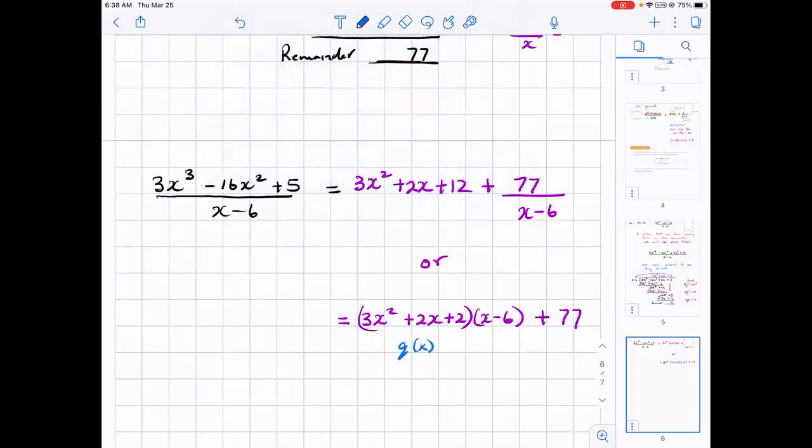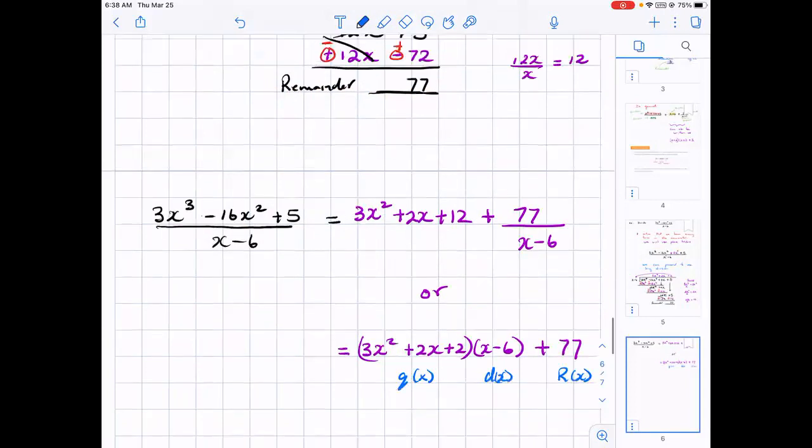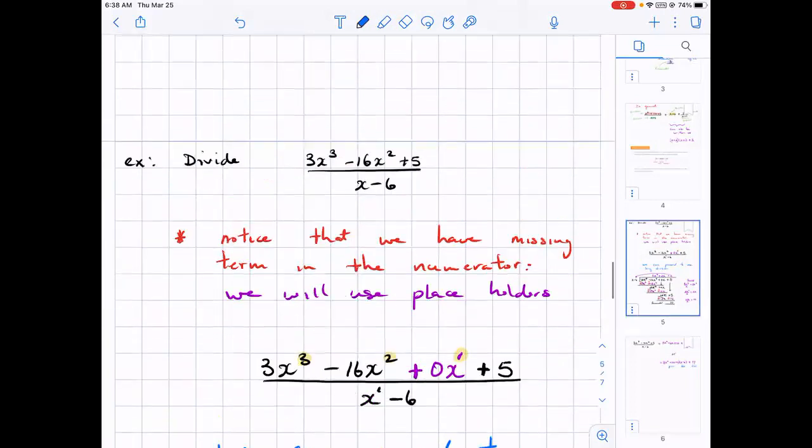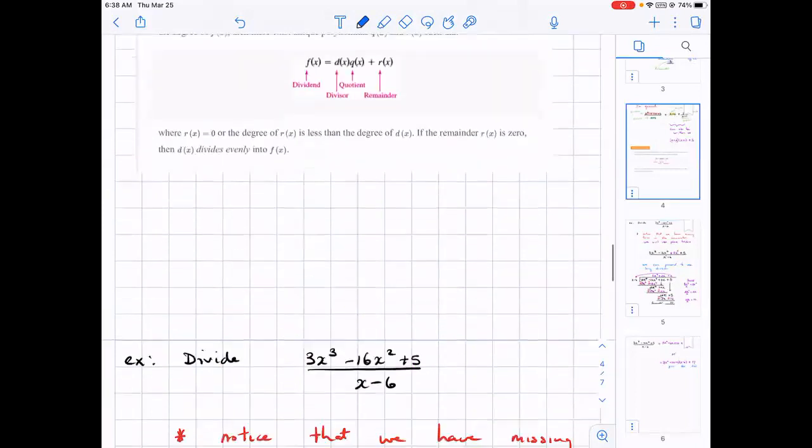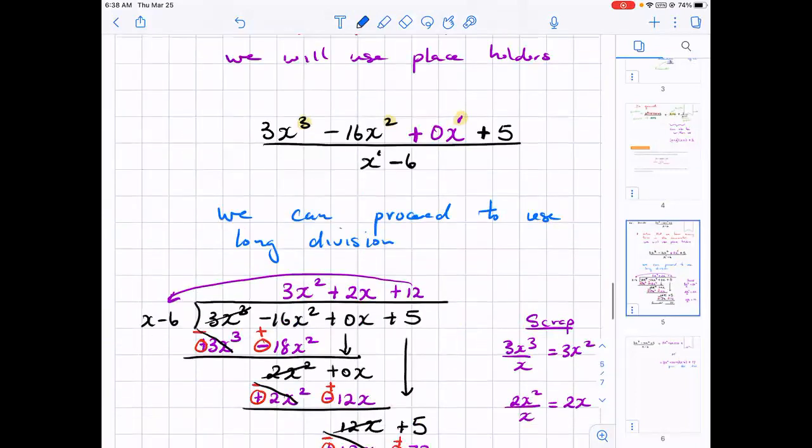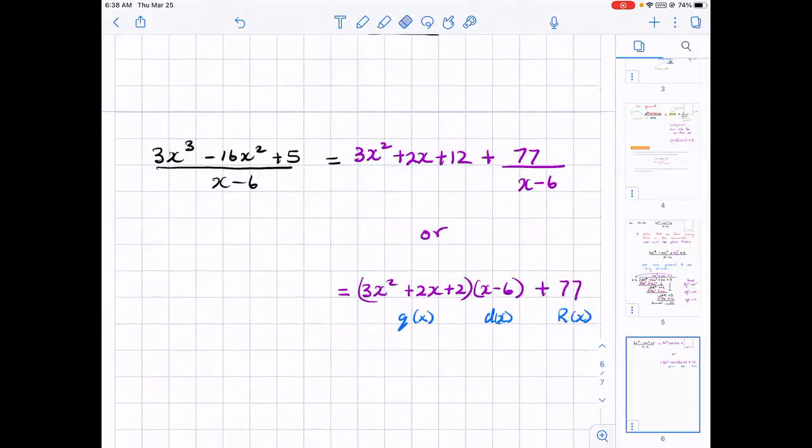This is the divisor, d of x, and this is the remainder r of x. And that's the division algorithm that we were talking about here. They use lowercase r, so let's use lowercase r also. Okay. So this is times, that's plus.